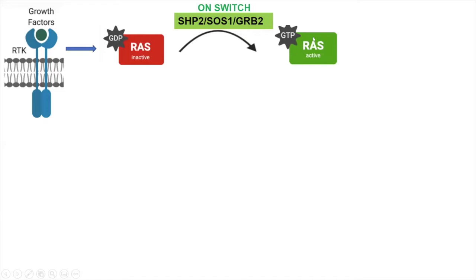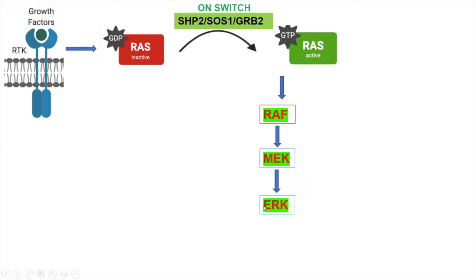And once the RAS gene is activated, it then activates several other genes. And the important ones here are number one, RAF, which in turn activates the MEK gene, and that in turn finally activates the ERK gene. Now the ERK gene is the one that is most important here.